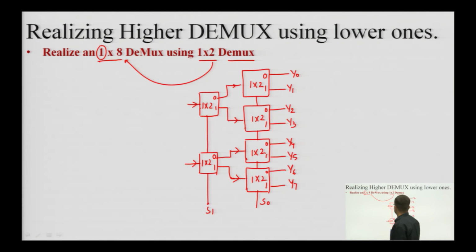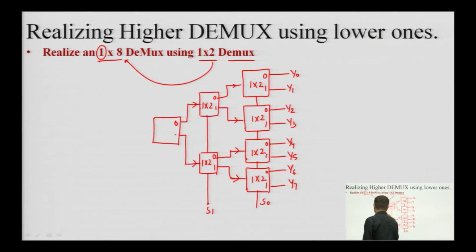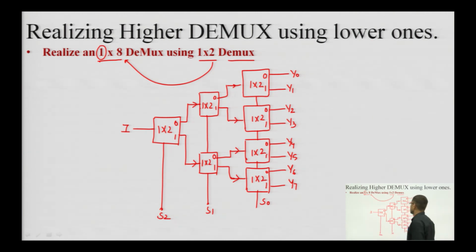Now the inputs have reduced to 2, but I need only 1. So, I will be using another 1 cross 2 demultiplexer, which will have one input. This will be my input I, and this will have the select line which will be the most significant, S2.